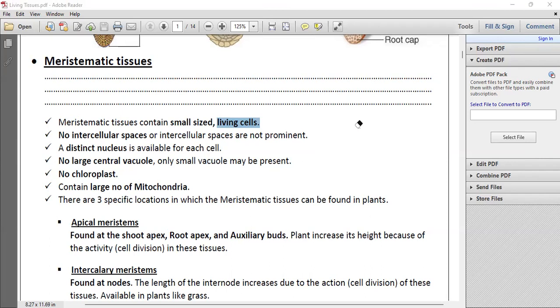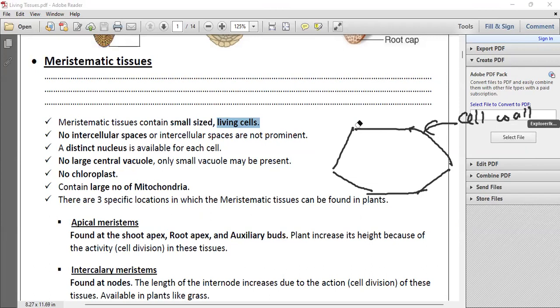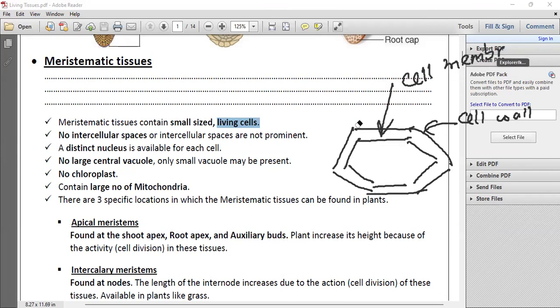We call the outermost layer the cell wall, and the inner layer is called the cell membrane. And then, if you remember, it has a very large vacuole at the very middle. This is called the vacuole.